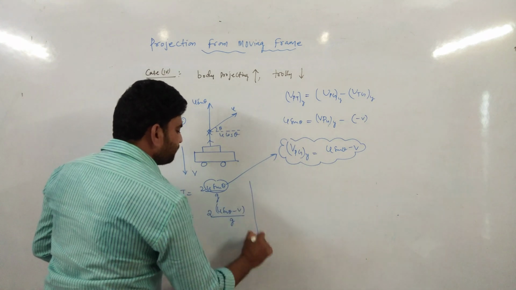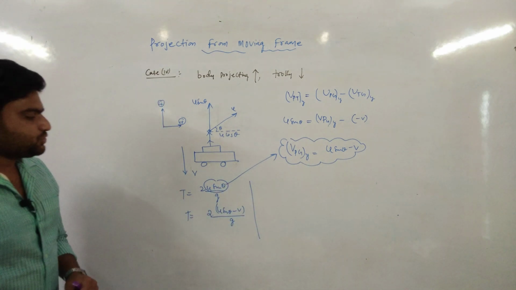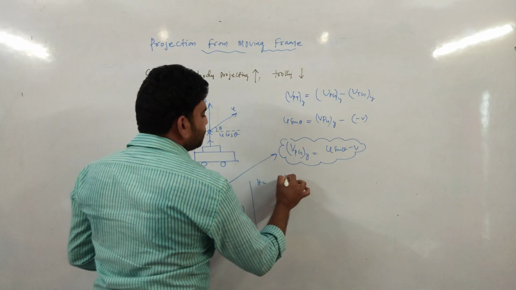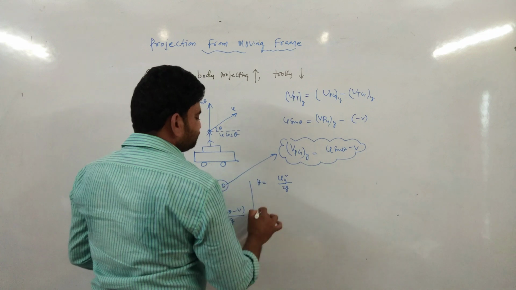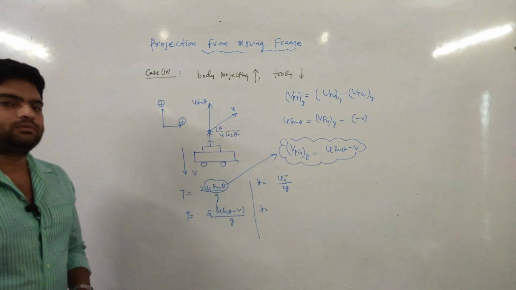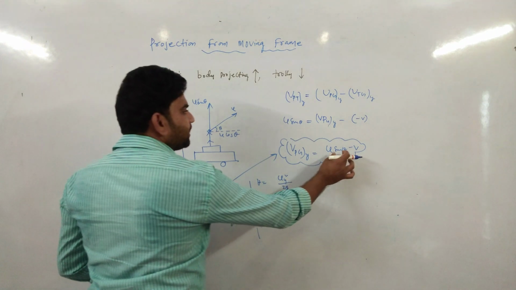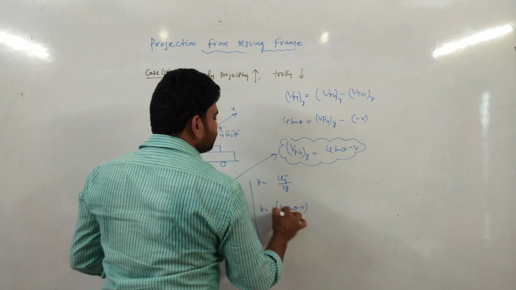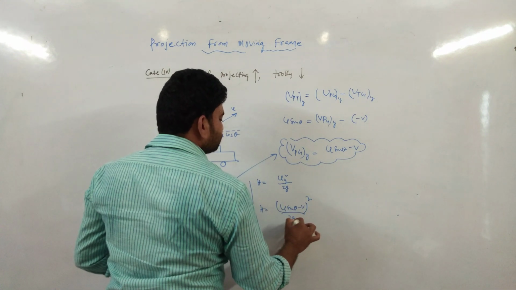Case 2 is maximum height, h equals uy squared by 2g, which is nothing but (u sin theta minus v) whole squared by 2g.